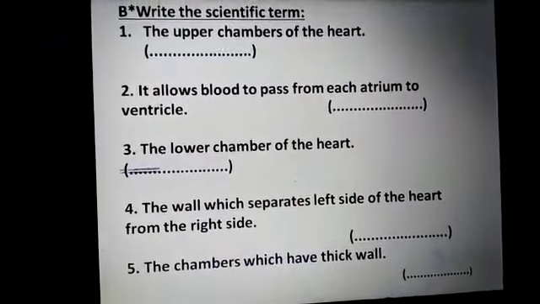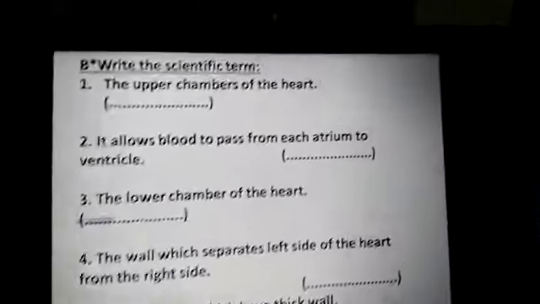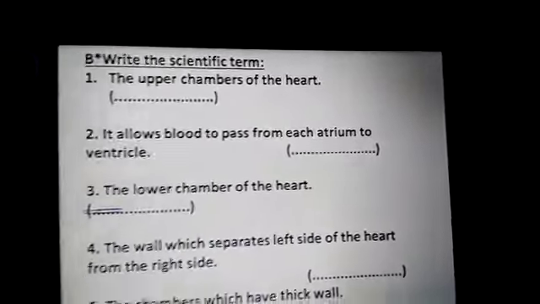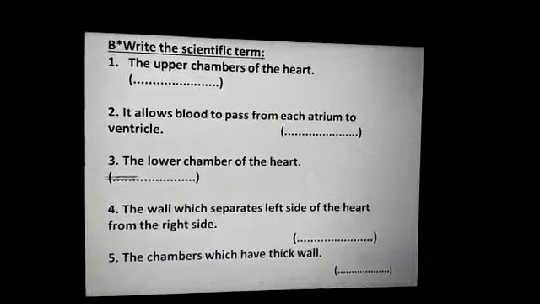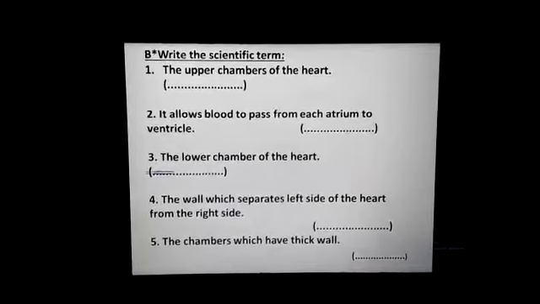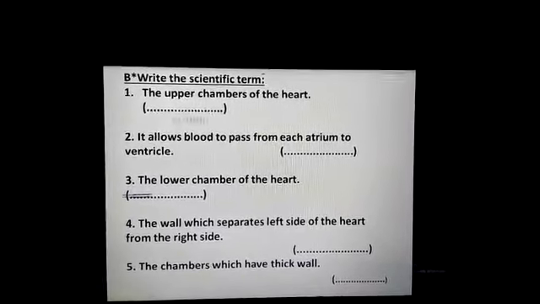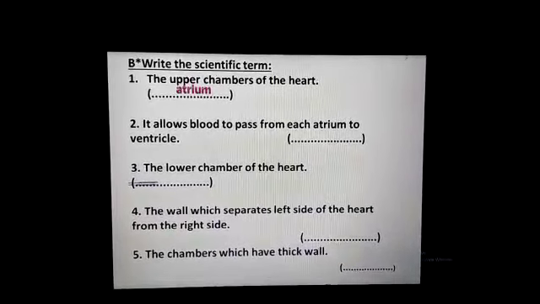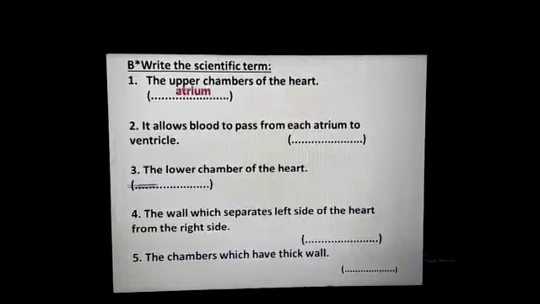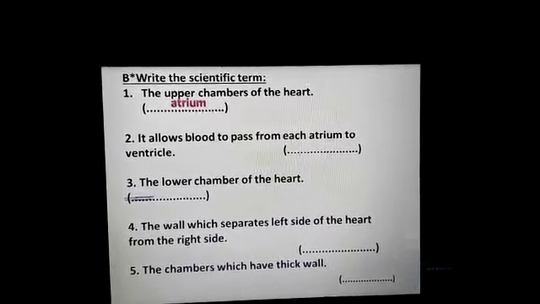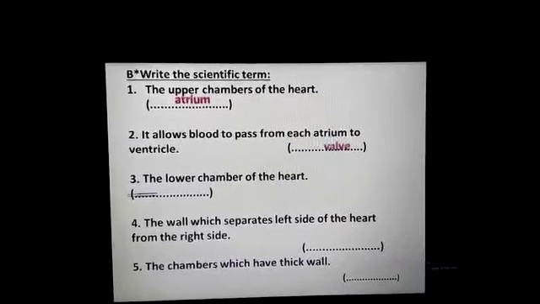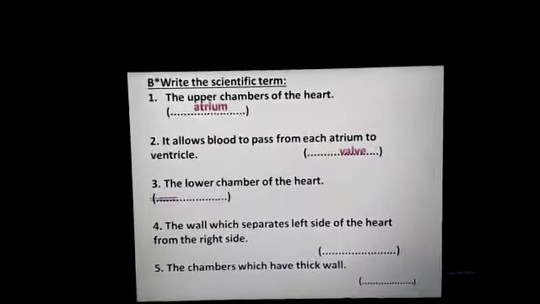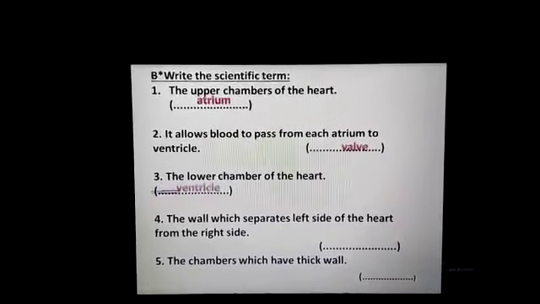Write the scientific term. The upper chamber of the heart: atrium. Number two, it allows blood to pass from each atrium to ventricle: valve. Number three, the lower chamber of the heart: ventricle.